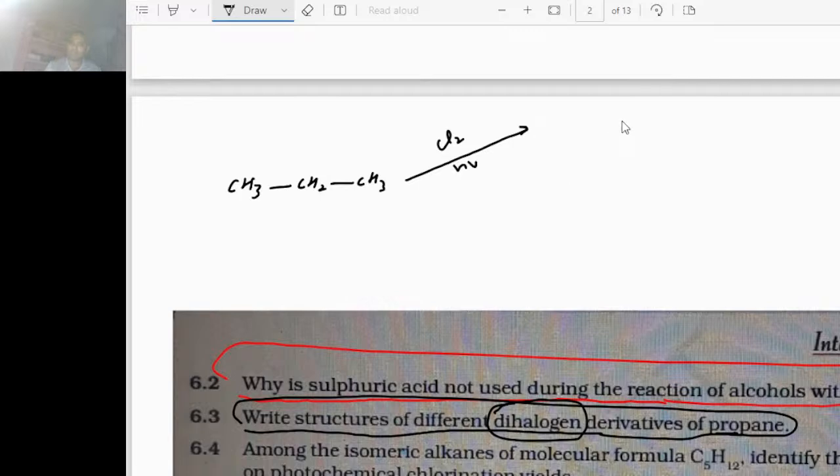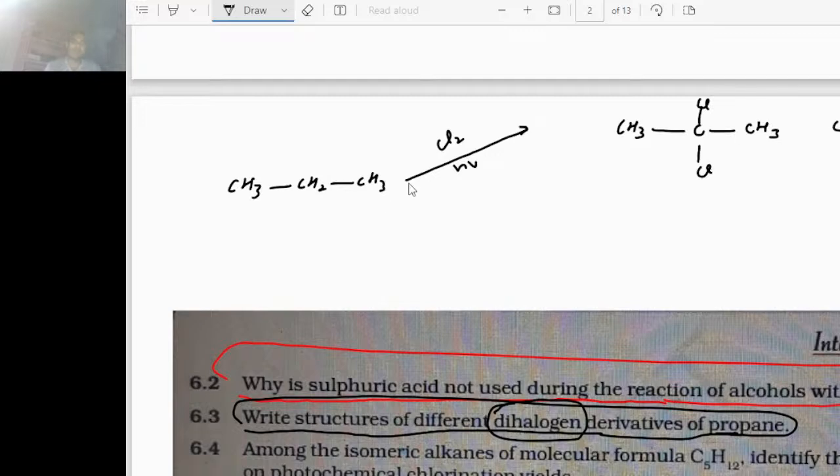Firstly, there are possibilities where the halogen can attach. What possibilities are there, student? That is CH3, here it can be Cl, student, or it can be Cl here, student, and this is CH3. So that is the first case. This is case 1.